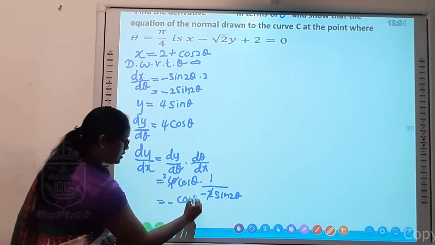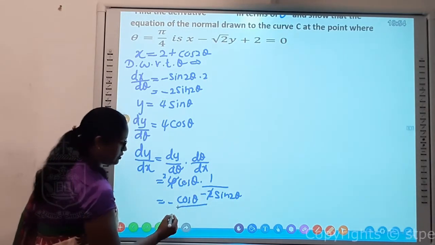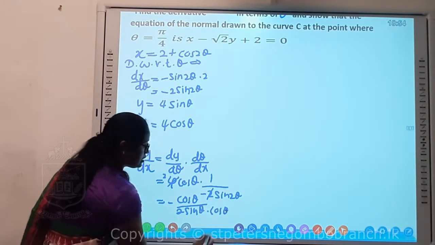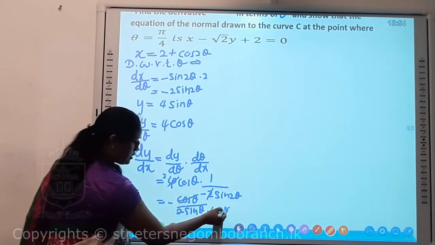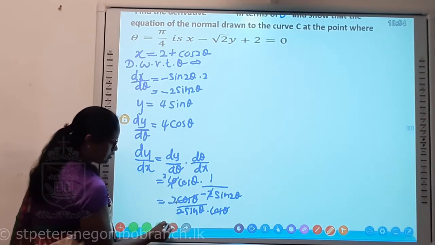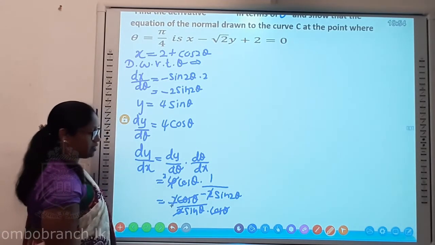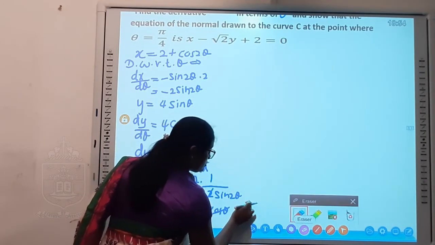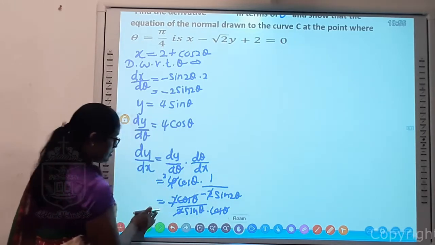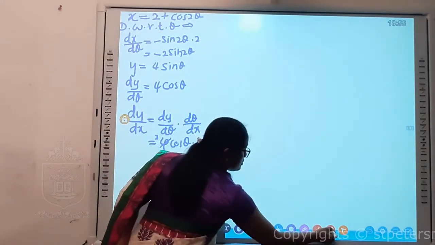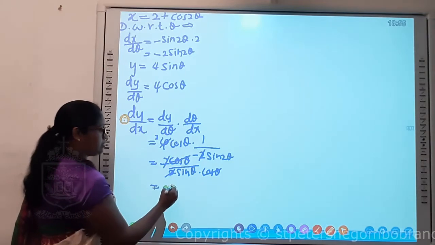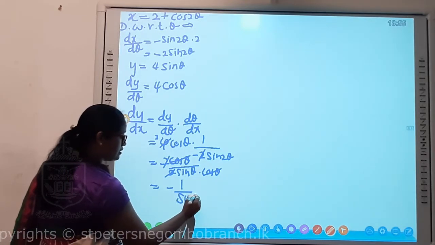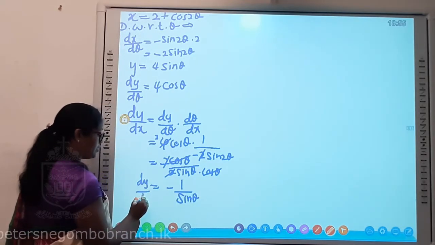Here I will expand sin 2 theta to 2 sin theta times cos theta. So I can cancel the cos theta, and also the 2s can be cancelled. So the final answer, dy over dx is equal to minus 1 over sin theta, right? So this is dy over dx.